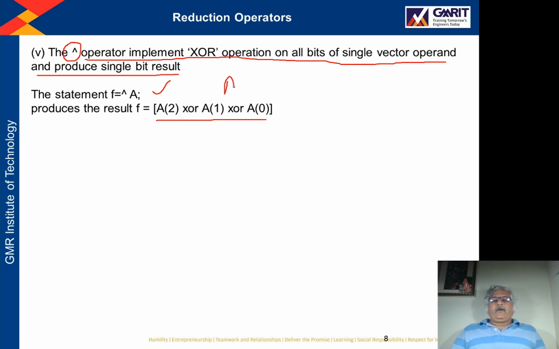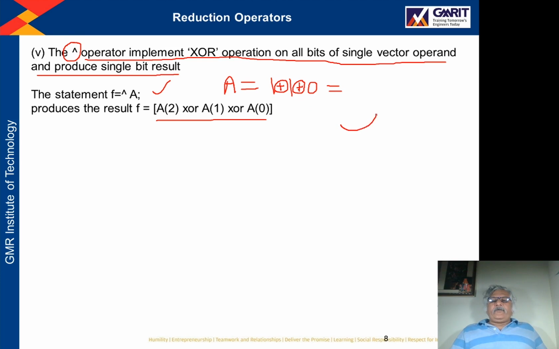So let us assume we have A is equal to 1, 1, 0. So now XOR operation means 1 XOR 1 XOR 0. So here what will be the result in this case, right?